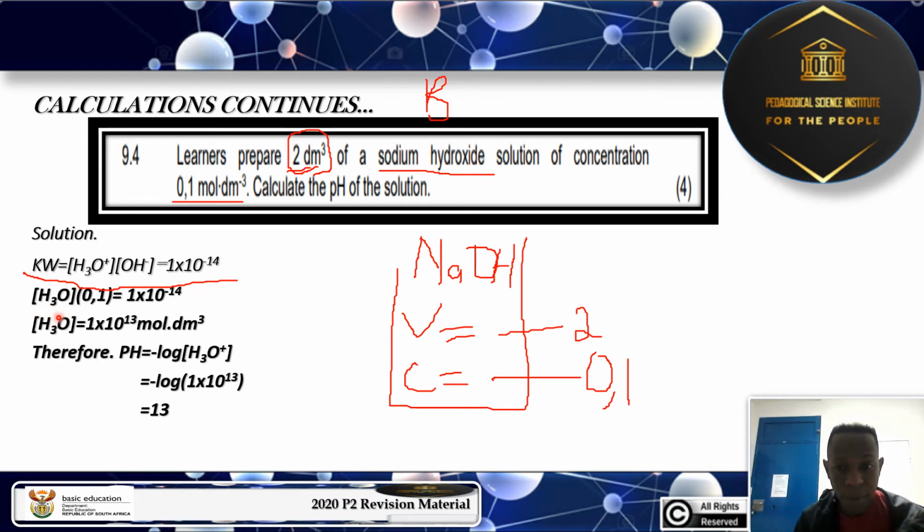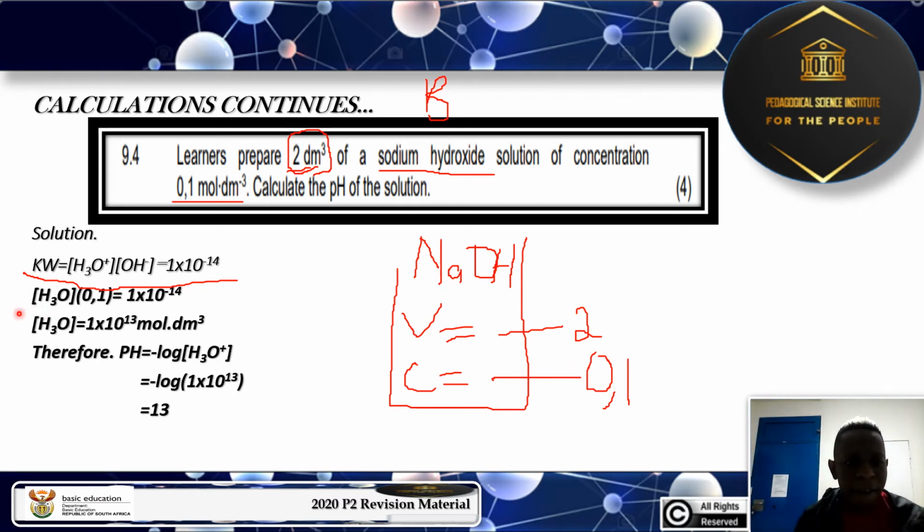That's why I've used the square brackets, because it's a concentration, times the concentration of OH. We know it because OH is similar to sodium hydroxide. So the concentration of sodium hydroxide is going to be replaced by what now? By 0,1, because we were told that the concentration of this base is 0,1.